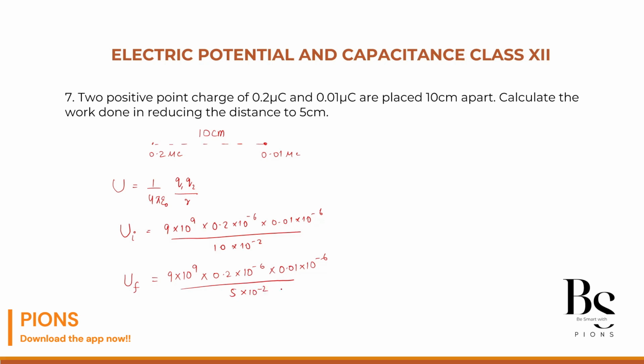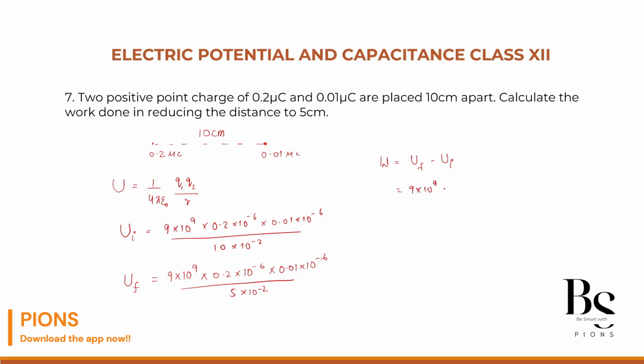It's already this much you are doing, and here you have to get it, so you have to subtract it. So the work done will be equal to U final minus U initial, right? So when you subtract it, let's write all the parameters again and then I'll solve it.